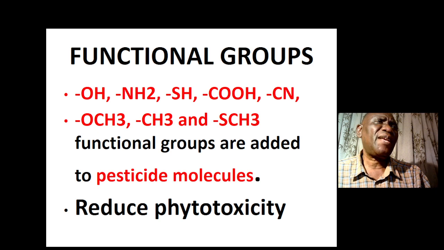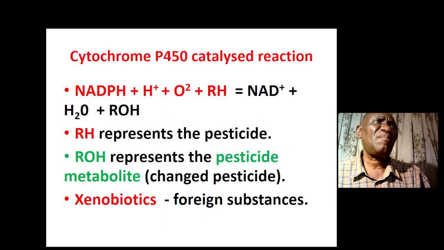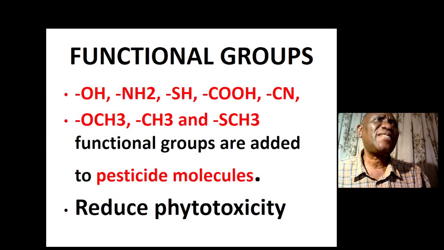If I go back a bit, if you take this RH, you can see the OH was added. The OH here is what we call the functional group, and there are quite a lot of functional groups depending on the molecular structure of the pesticide.